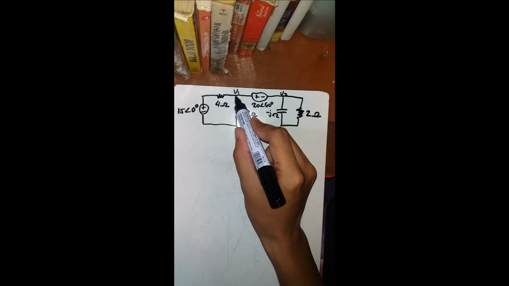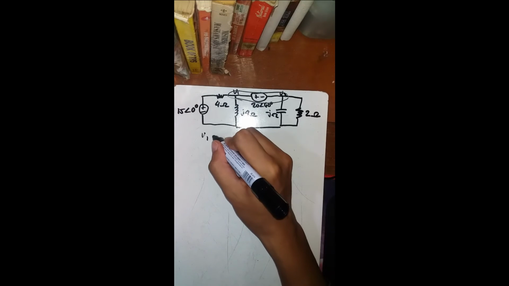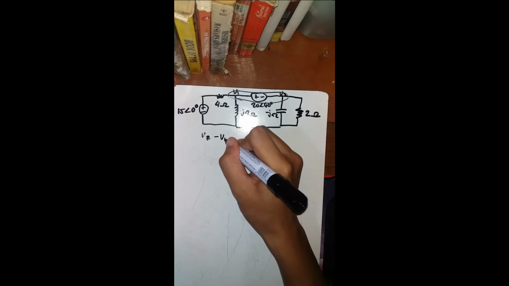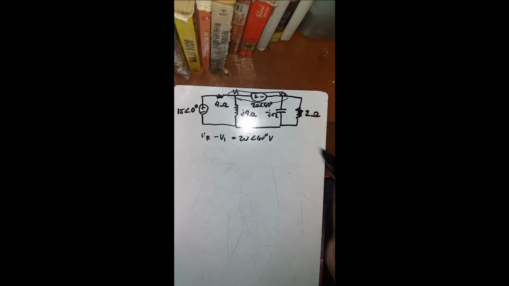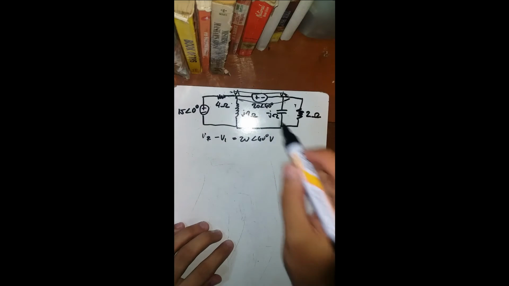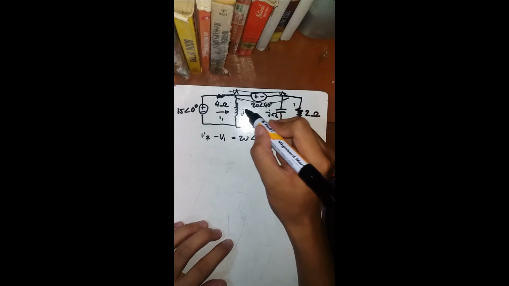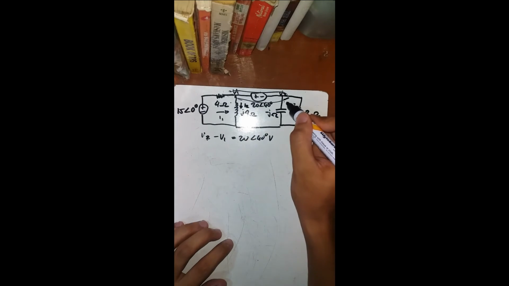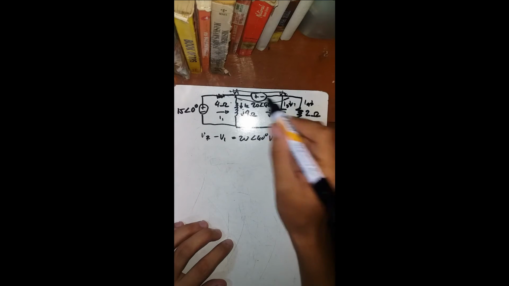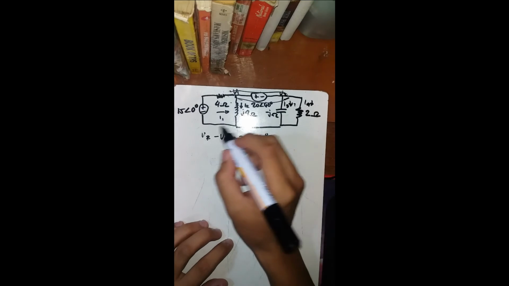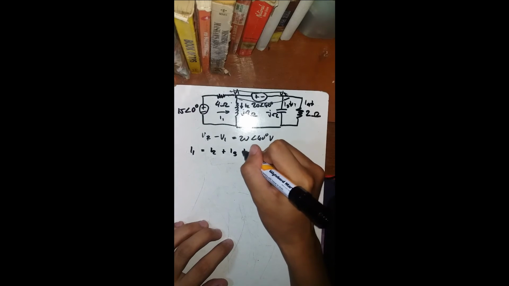We can see here that this is a supernode, so I just put here V2 minus V1 is equal to the 20 angle 60 degrees voltage, and we label all the currents. So this is your I1, your I2, I3, I4. So we can say that I1 is equal to I2 plus I3 plus I4.